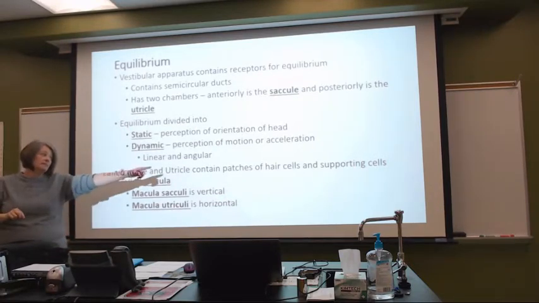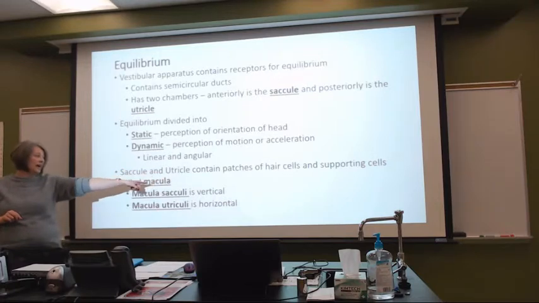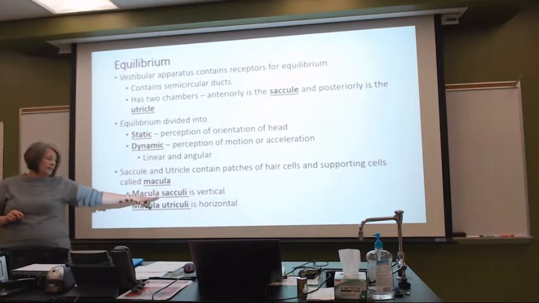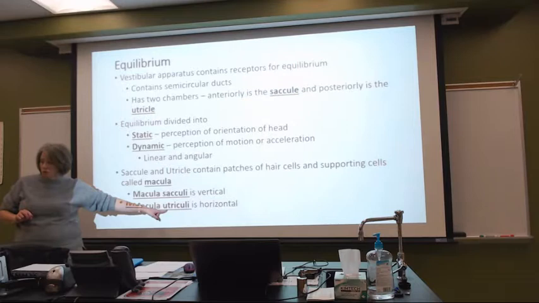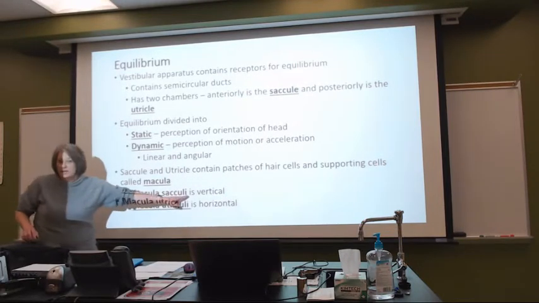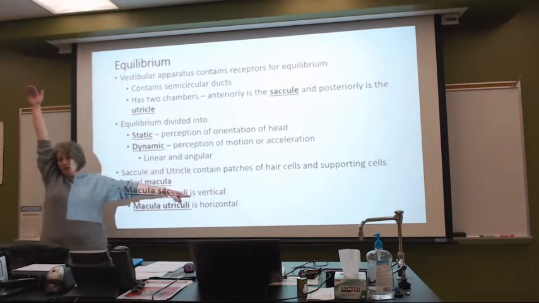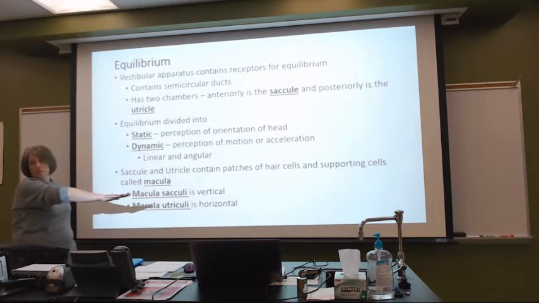Because what it is, is a patch of cells. We're going to find some hair cells and supporting cells, and we're going to find one in the saccule and the utricle. And their job is to understand if my body is vertical or horizontal.